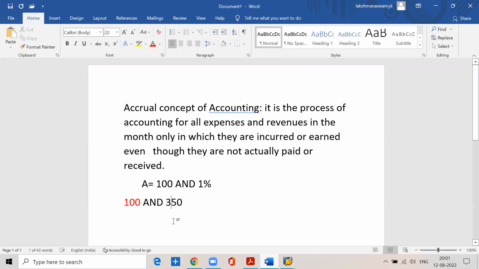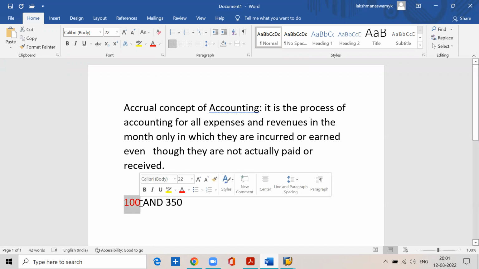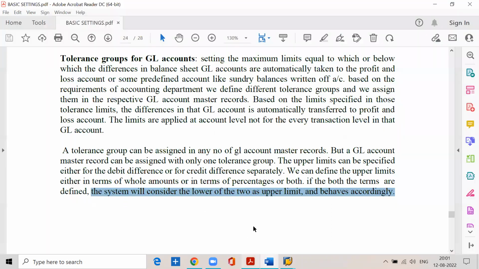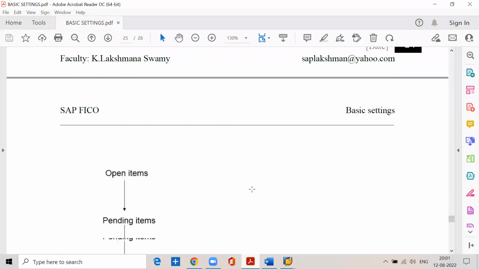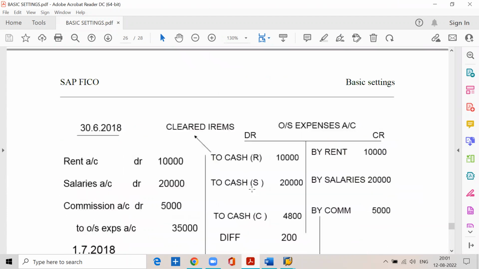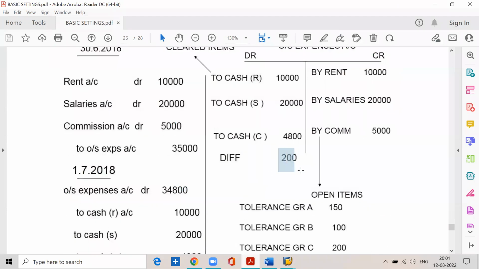So the system will consider this 100 as the upper limit of tolerance group A. Then what is the difference in the GL account? 200. So 200 is more than 100 rupees, and it will be transferred to the balance sheet by the system automatically. This is the concept of tolerance groups for GL accounts.